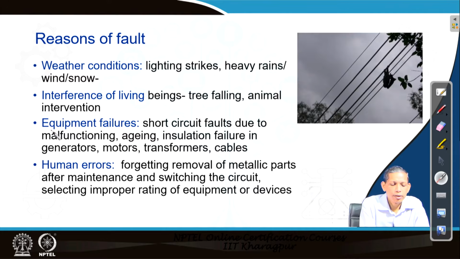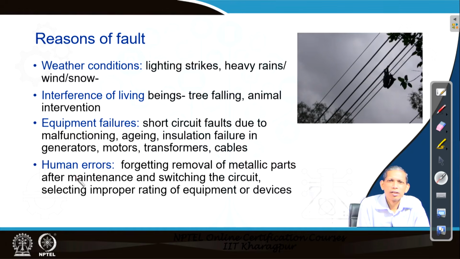We can have equipment failures in the different generators and transformers, also due to aging or insulation degradation. This failure may be due to internal causes or due to an external agency like lightning or any other thing.